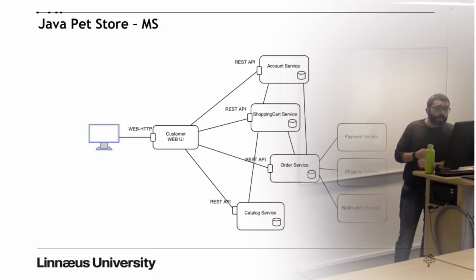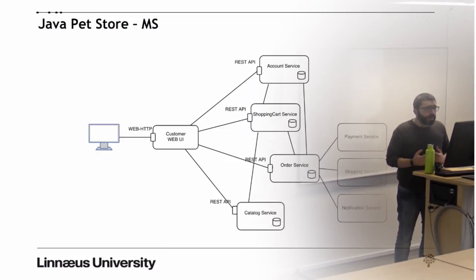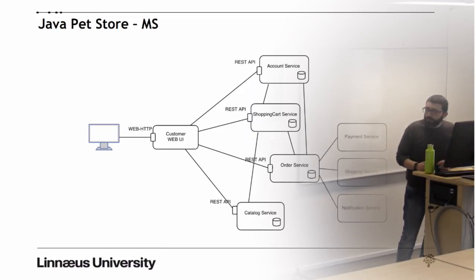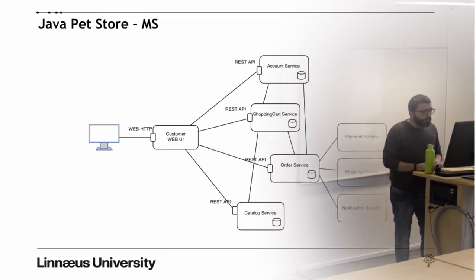For example, the account service will provide you all the functionalities for managing the account. Then the shopping cart service provides you all the functionalities needed to manage the shopping cart, and so on and so forth. Same thing for the order service and for the catalog service.